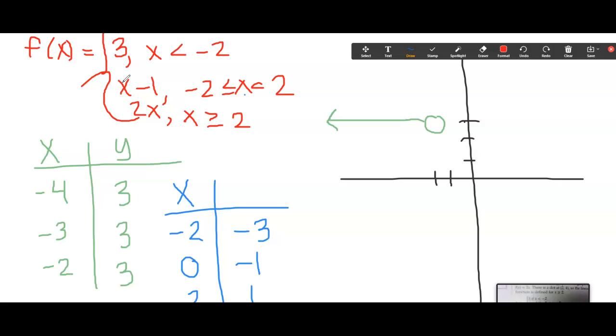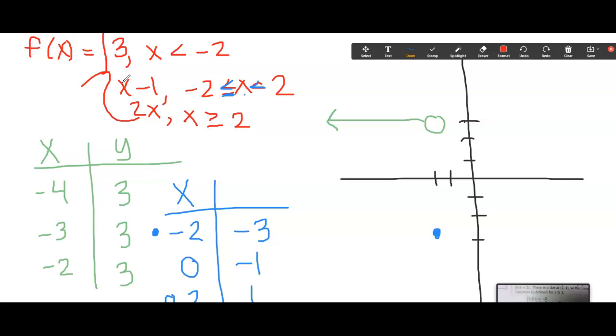So my beginning is at negative 2, negative 3. It's less than or equal to, so my dot is closed. It ends at 2, 1, which is open. So on my graph, I'm going to start at -2, -3, with a closed point.